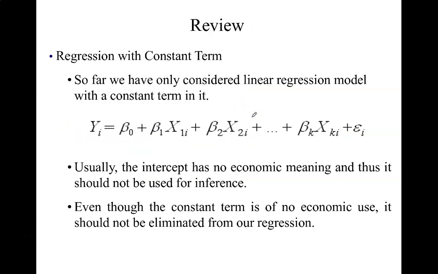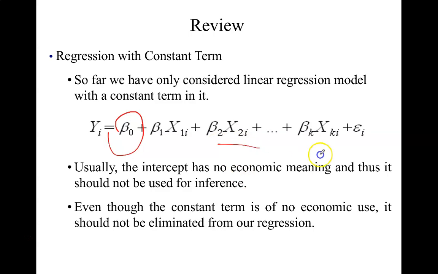Basically, a review before we go into the chapter will be on regression with constants. Normally we have this sign, either written as alpha or written as beta 0 in this example. Although the intercept does not have economic meaning, when we estimate, we normally put the constant term.